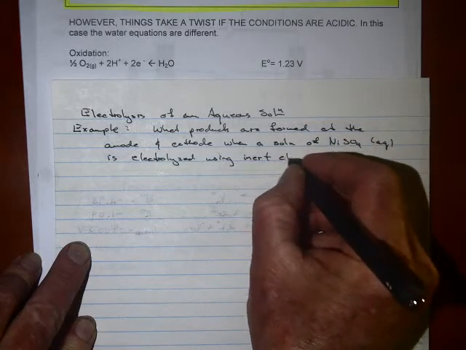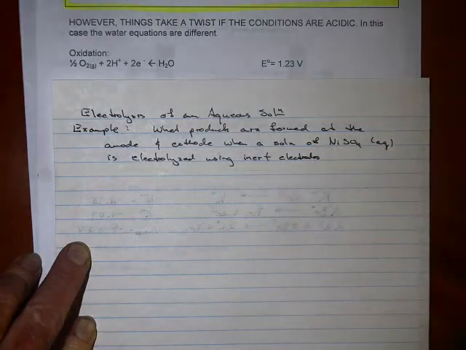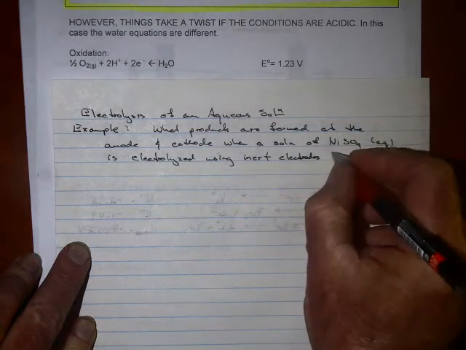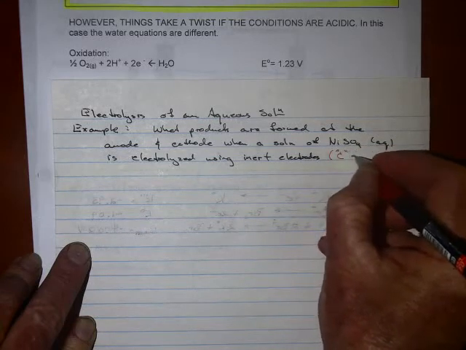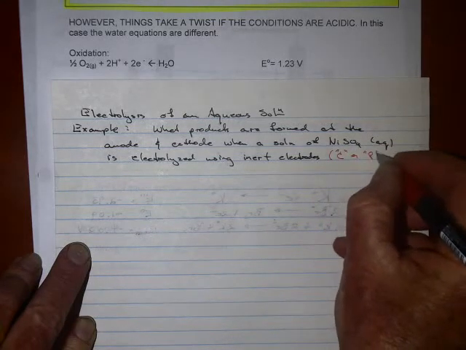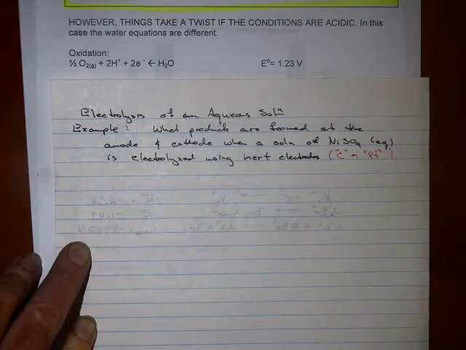Okay, so let's just make a little note here: inert carbon or platinum. Platinum is actually used widely as a catalyst.